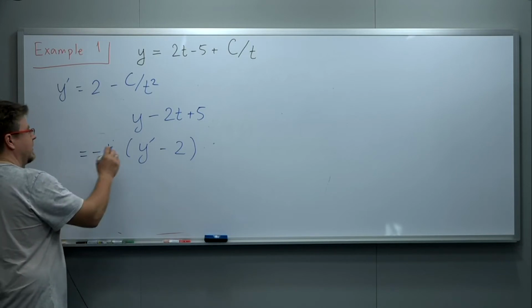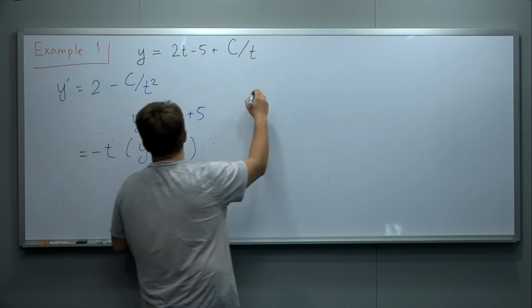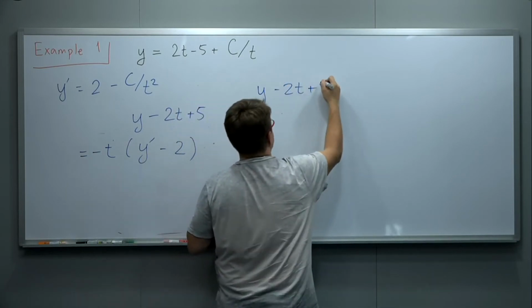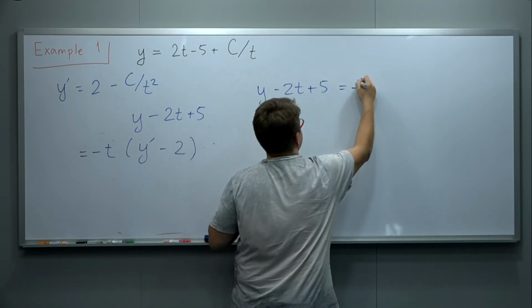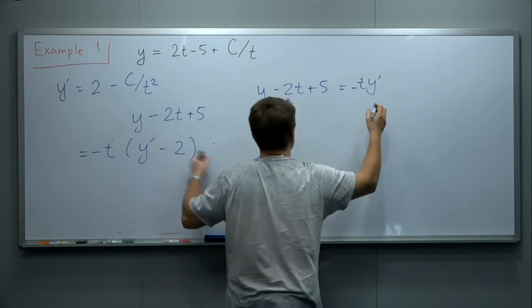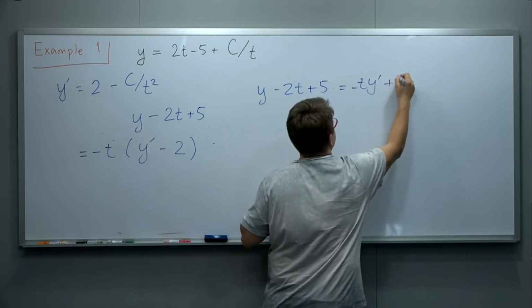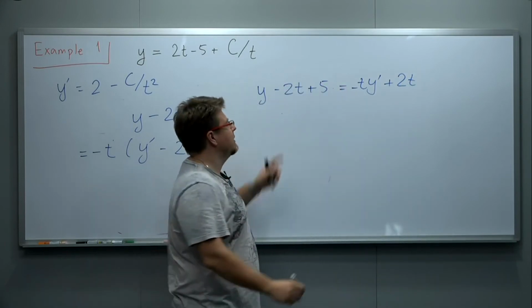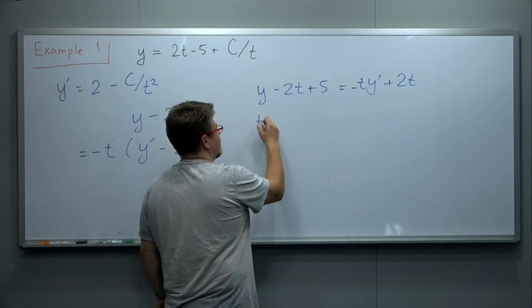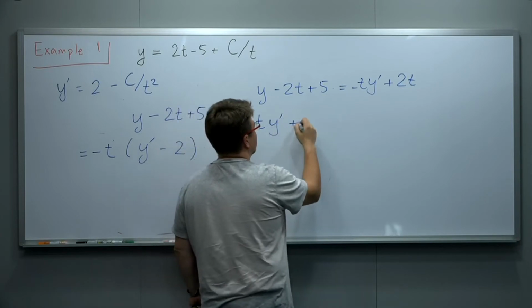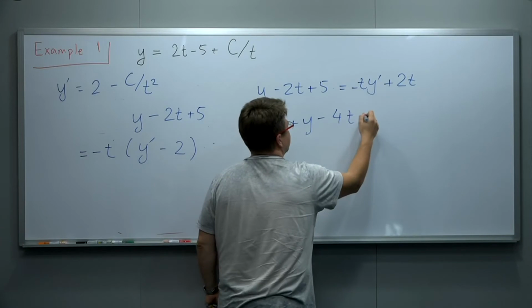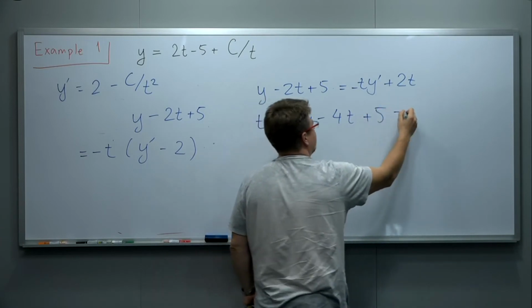So y minus 2t plus 5 equals minus t y prime, plus 2t. Now moving everything to the left-hand side, I'm going to get t y prime plus y minus 2t minus 2t, minus 4t plus 5 is 0.